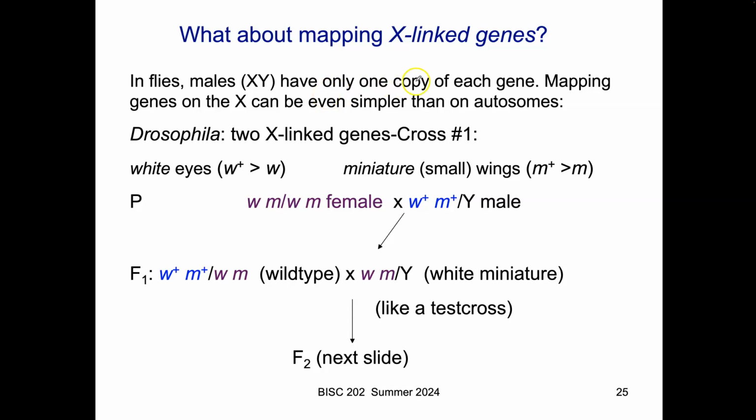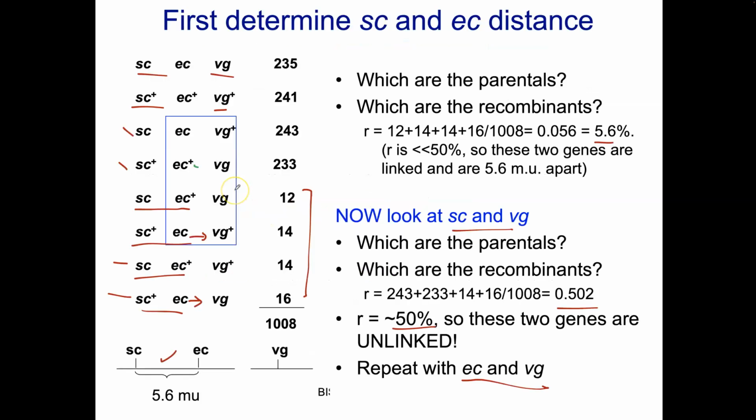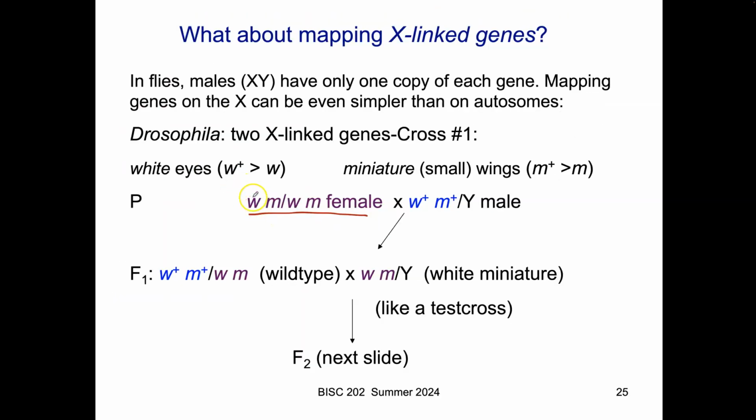So what about mapping genes on the X chromosome? In some ways it can be even easier. Suppose you do a P cross with females that have a mutant for the white eyes and a gene called miniature, which causes the wings to be very tiny. So a white-eyed miniature wing female crossed to a wild-type male.